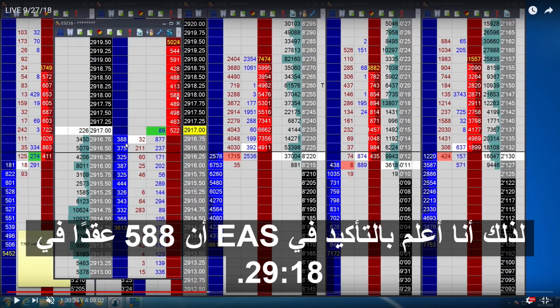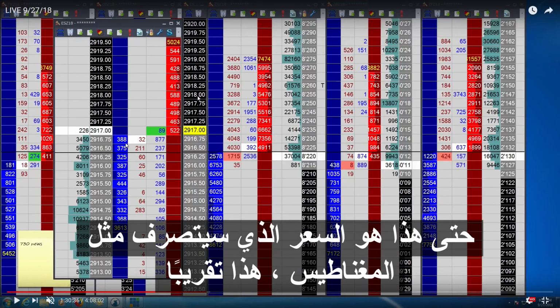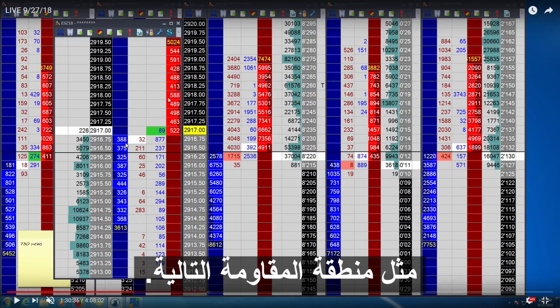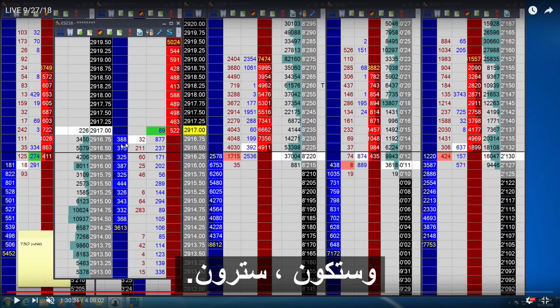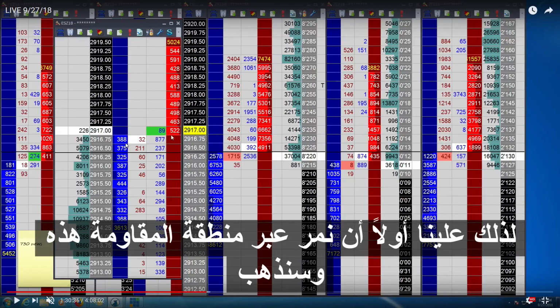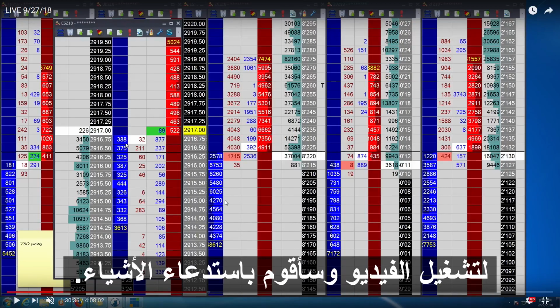So I know for sure in the ES, these 588 contracts at 29.18 even is going to act like a magnet. That's almost like the next zone of resistance. You'll see. First we have to get through this resistance zone.